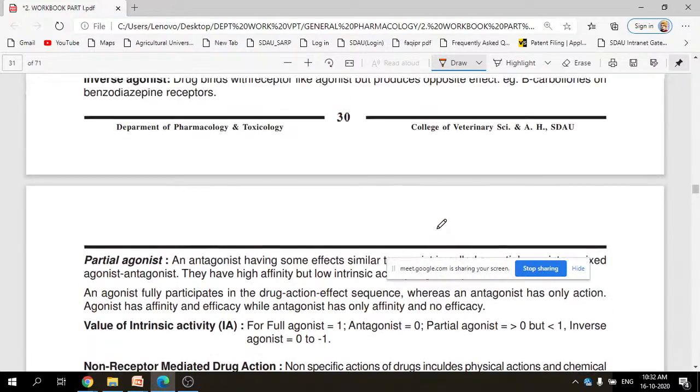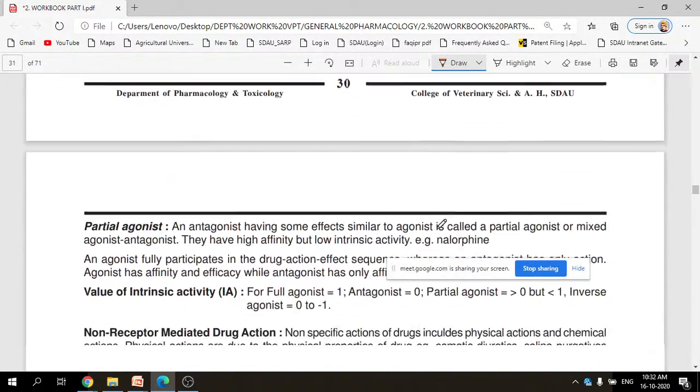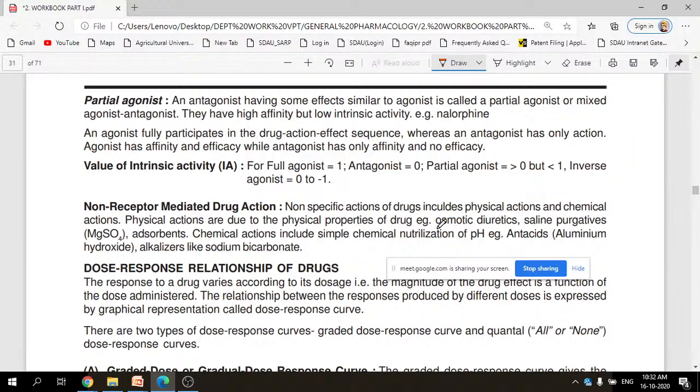Now, this is very important to understand. An agonist fully participates in the drug action effect sequence. That means the agonist combines with the receptors and produces the pharmacological response, whereas the antagonist only combines with the receptor but is not able to produce any pharmacological effect.